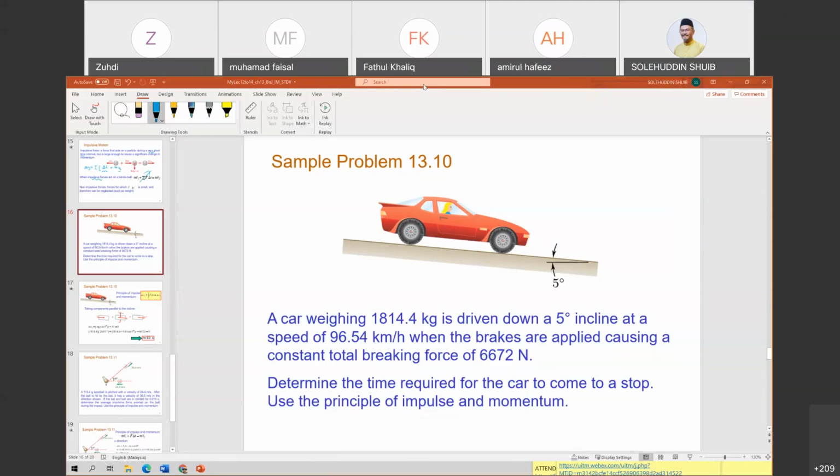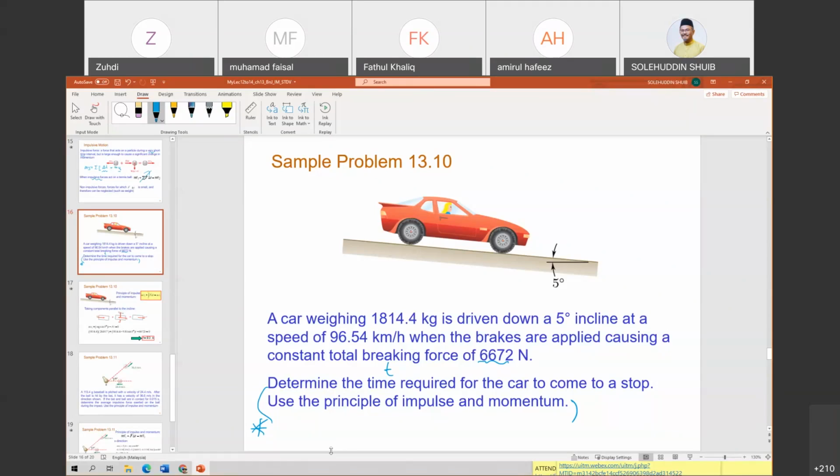Going down the hill, the driver applies the brake, causing a constant total braking force of 672 Newton. The question asks what will be the time required for the car to come to a stop. It has been specified that you have to use the principle of impulse and momentum.